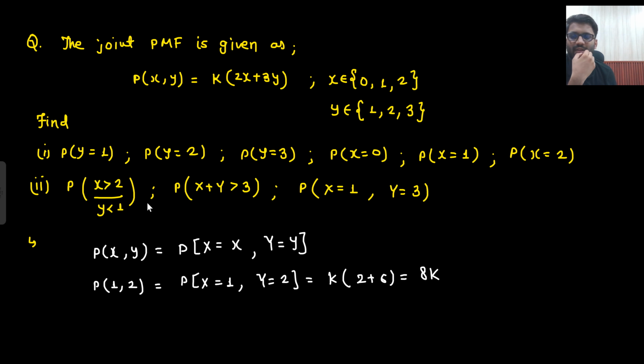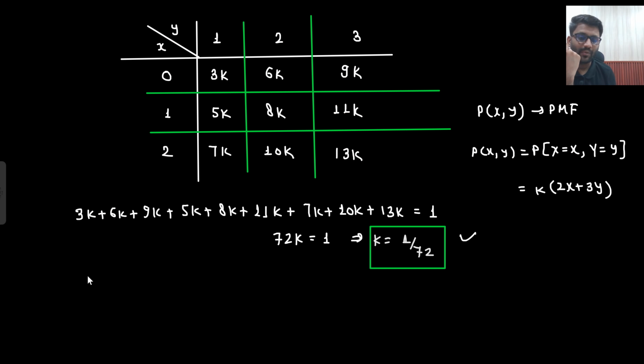So this is the answer for k. Did they ask the value of k? No. Now they are asking the probability of y equals 1.